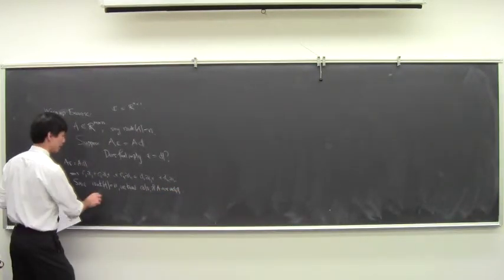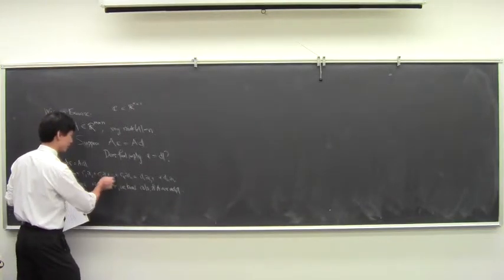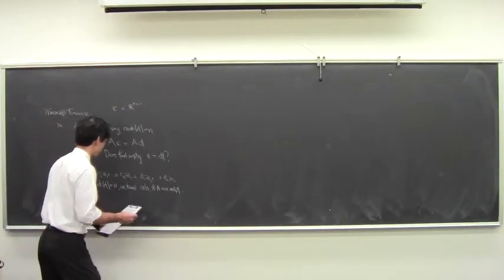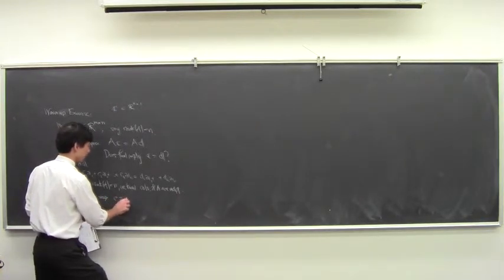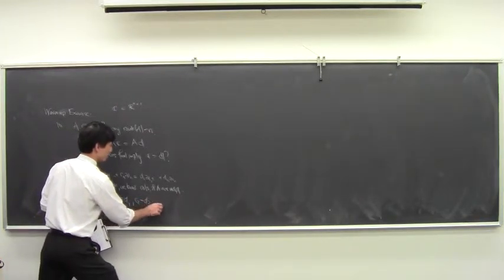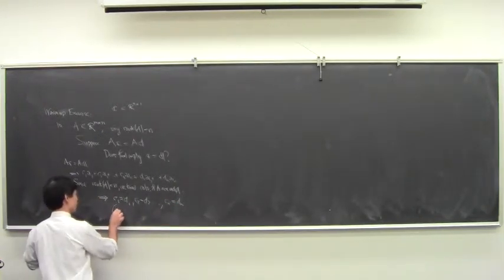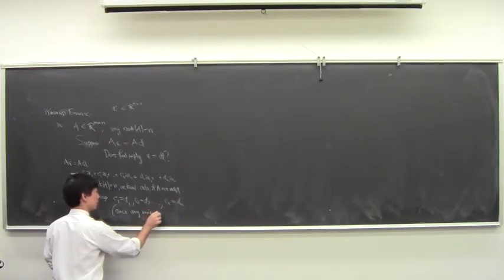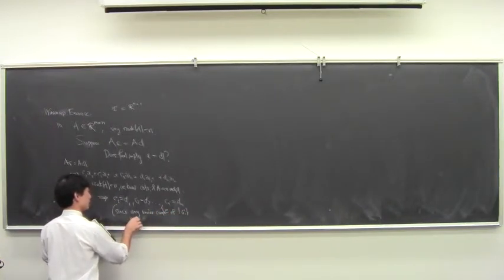Columns of A being independent tells you that, for example, if I subtract both sides, C1 minus D1, and so on, that tells you that C1 must equal D1, and C2 must equal D2, and Cn must equal Dn, since any linear combination of the Ai has a unique expression.